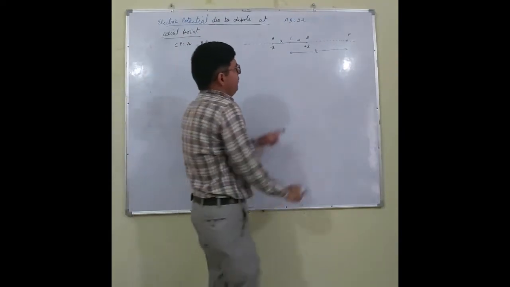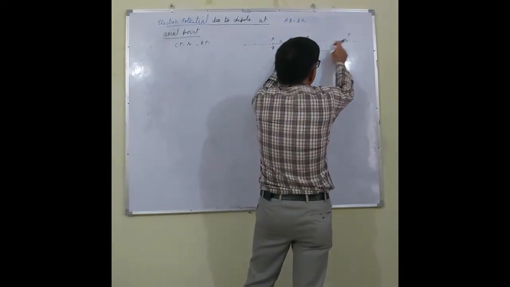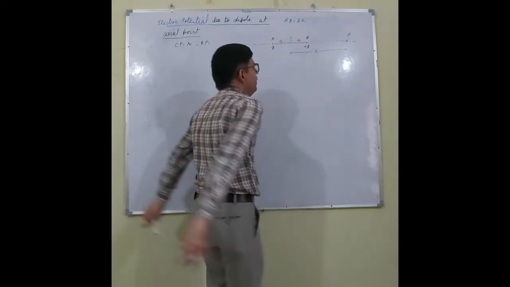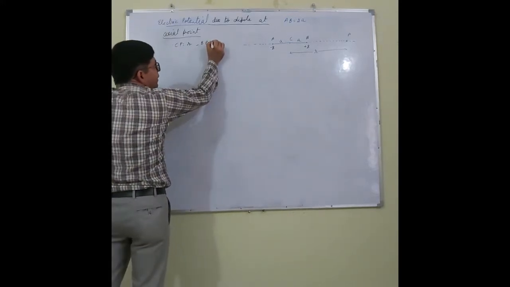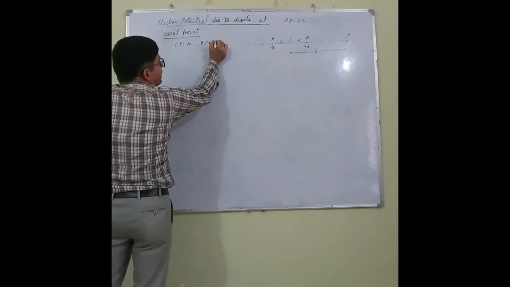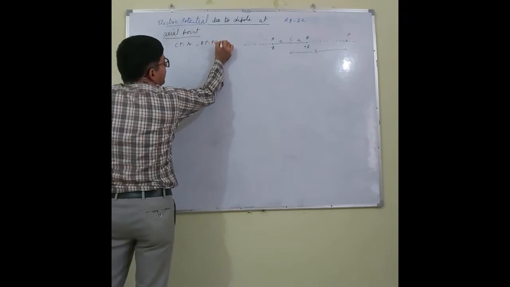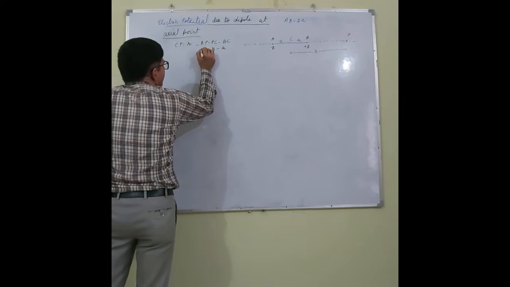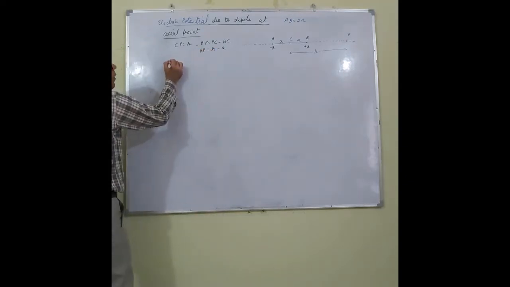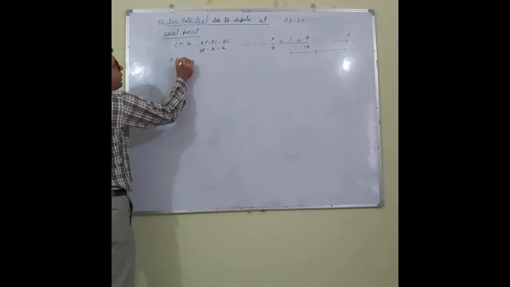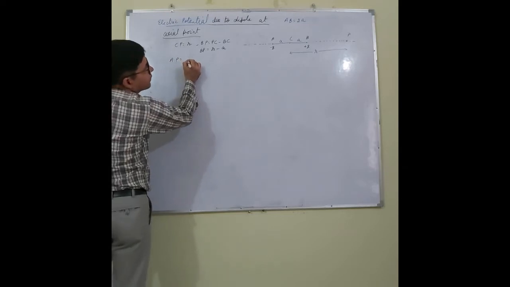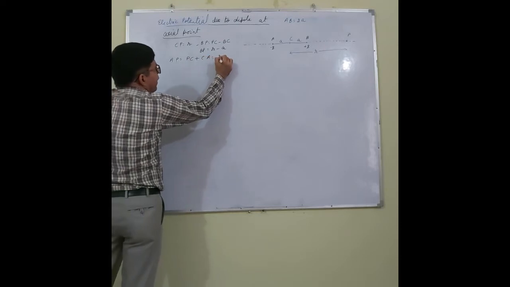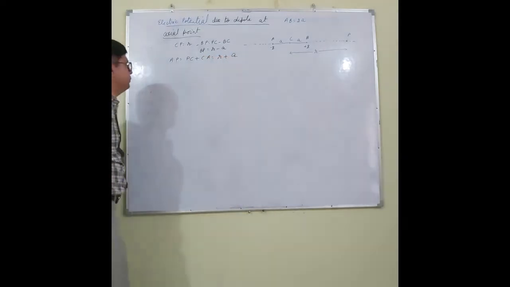PC equals r, BC equals a, so BP is PC minus BC, and this is r minus a. And what about AP? AP equals PC plus CA, r plus a.